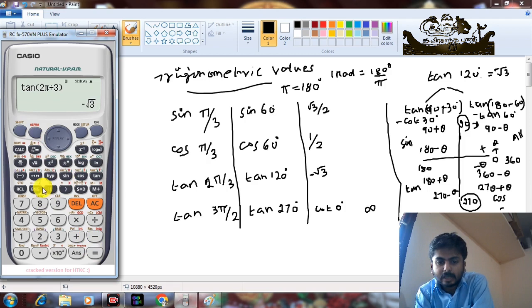And finally we are going to check tan 3 pi by 2, tan 3 pi divided by 2.